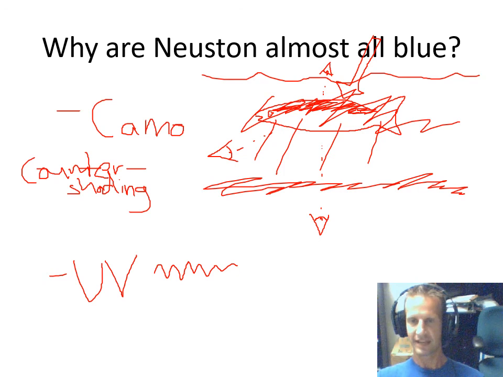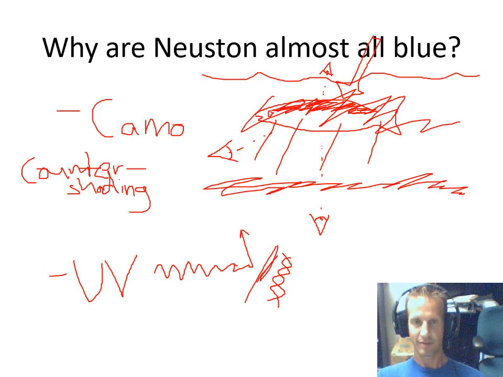And so those are the most damaging wavelengths of light. And if you are able to reflect those damaging wavelengths of light, then they're less likely to damage your DNA. So this is supposed to be DNA inside the organism.